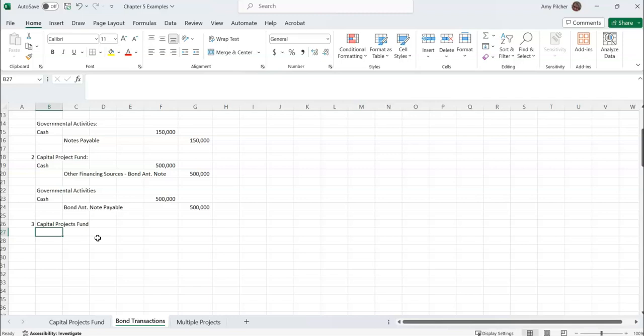Our bonds sold at a discount, so we didn't receive as much cash as we anticipated. So we're going to get an interfund transfer from another department at a later time.